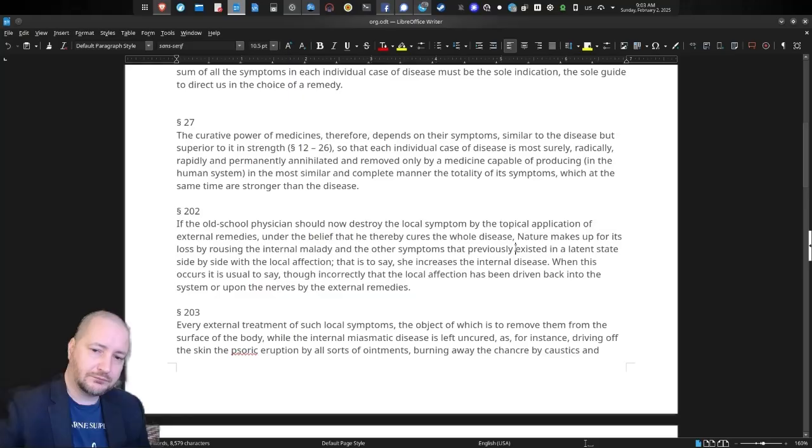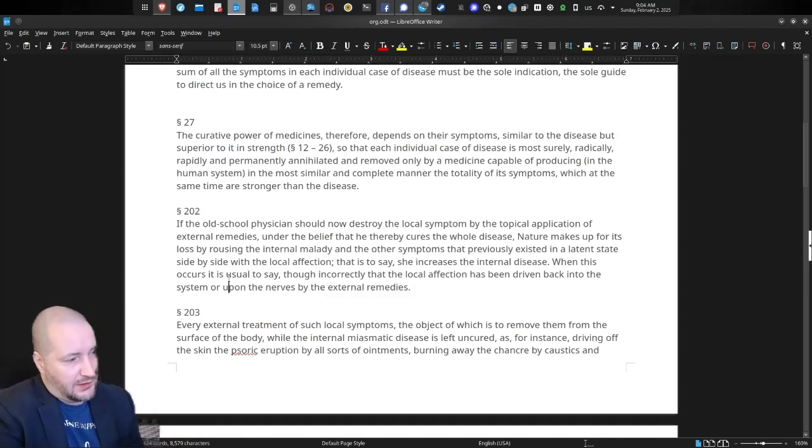And again, the same thing applies when it comes to the woke homeopaths, the people we talked about. Of course, they refuse to adhere to this, or they only do so on the level of slogans. It's like an empty slogan, like a mantra that they say, oh, no suppression, no suppression.